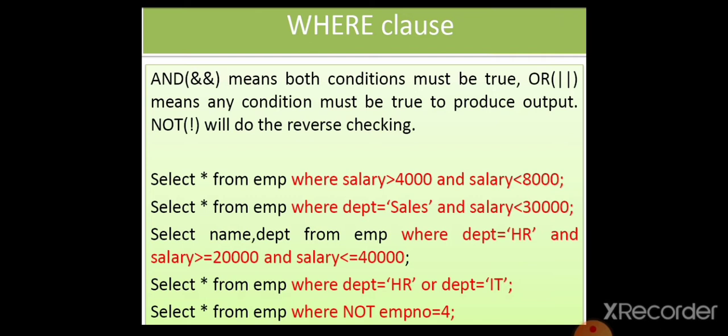And where the department is HR and salary is greater than 20,000, and also the salary less than 40,000. That means we have to give the name and the department from employee where department equals HR and the salary greater than 20,000.